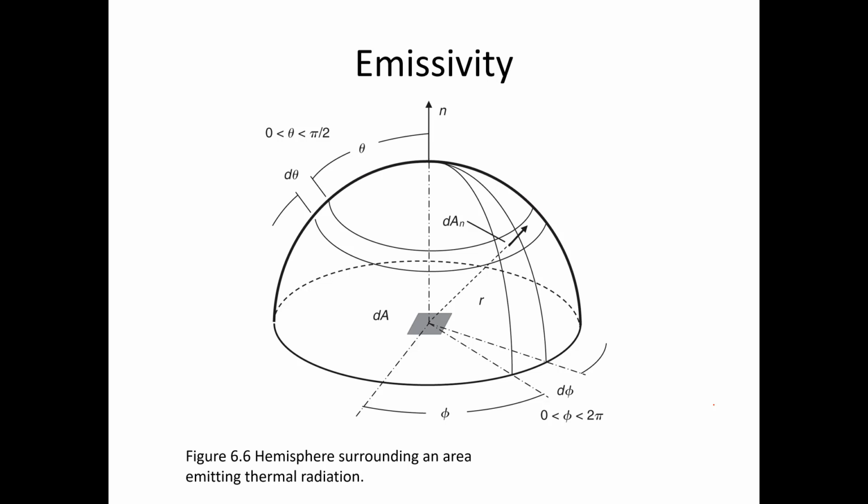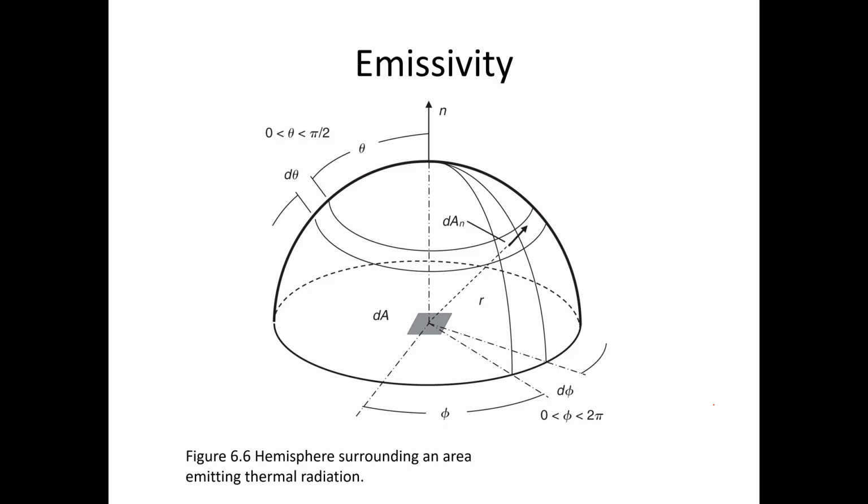So looking at emissivity. Emissivity is important because it is a property of a surface that basically quantifies how close to a black body a surface is.